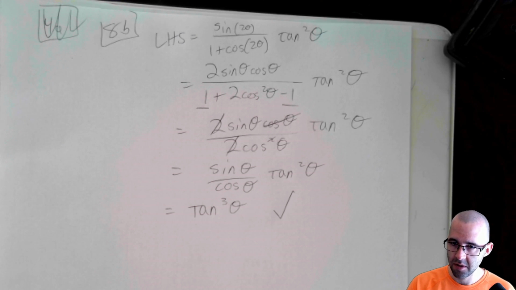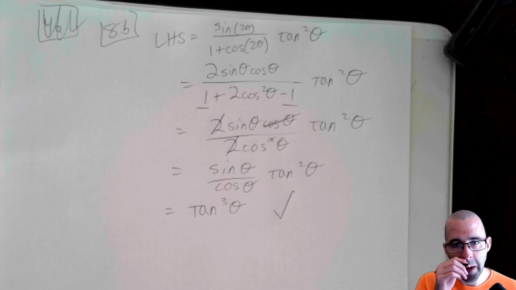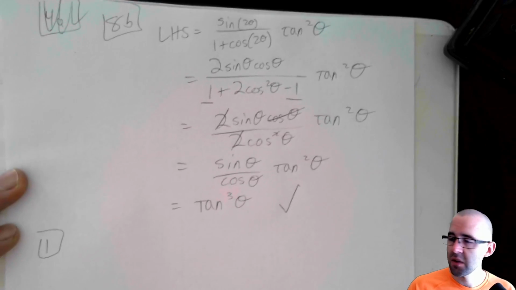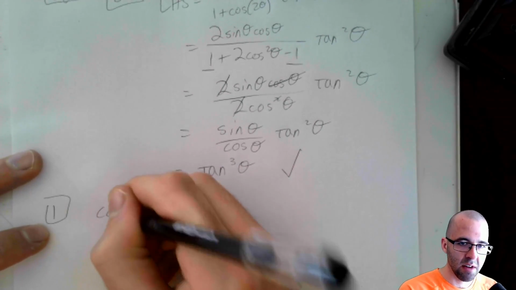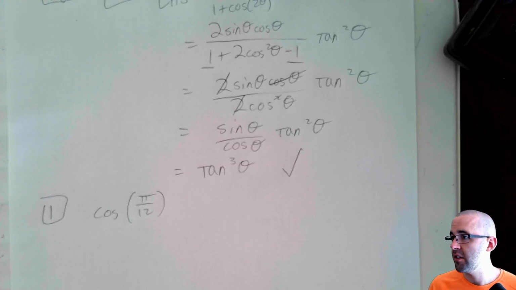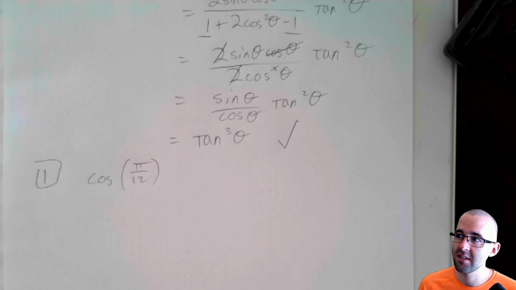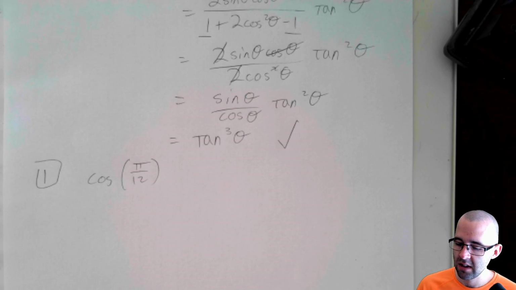All right, if there are no immediate follow-up questions, I'm going to go all the way back to number 1. It says find the exact value of cosine of pi over 12. So again, almost your whole exam, with the exception of the law of sines, is identities.